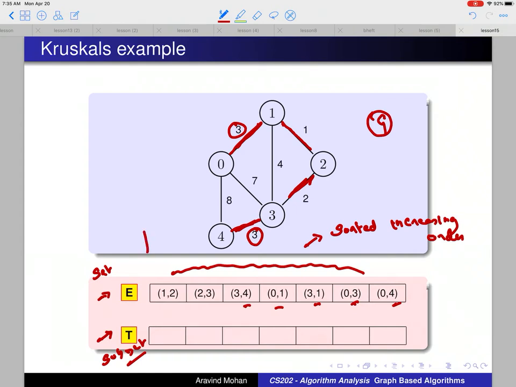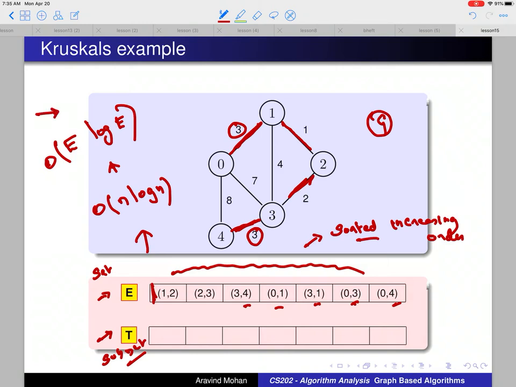In order to sort, we could simply pick any of the best sorting algorithms that we talked about in the past. Let's say we pick merge sort. It's going to be n log n, and in this case n is the number of edges that we are trying to sort, so we could simply say that it's big O of E log E. So the sorting procedure takes big O of E log E, and we will analyze that further.